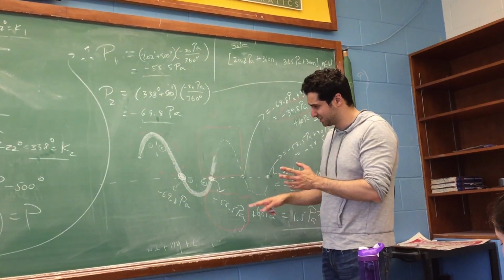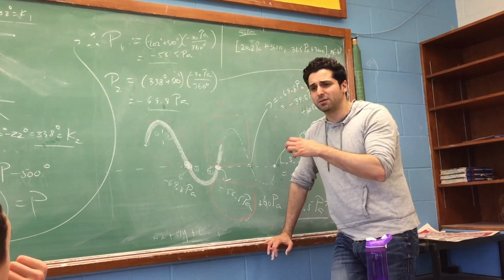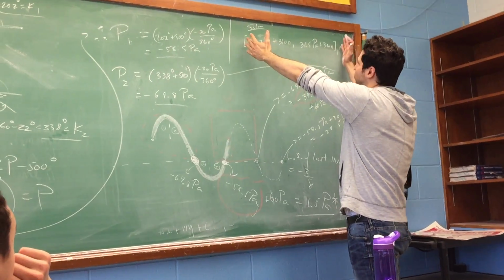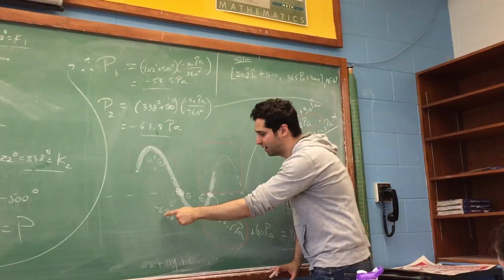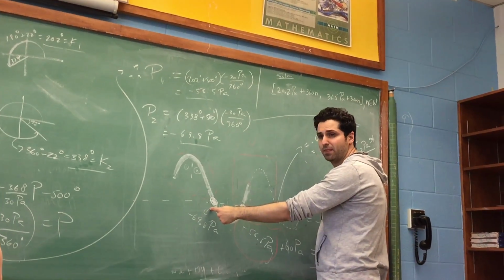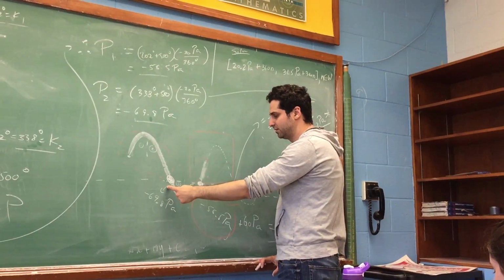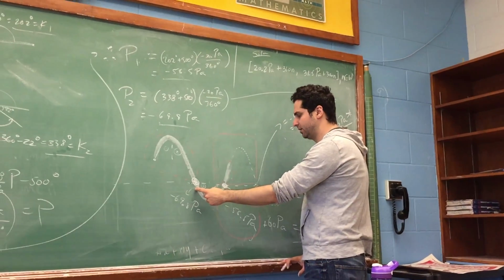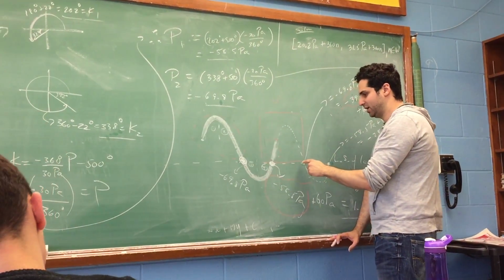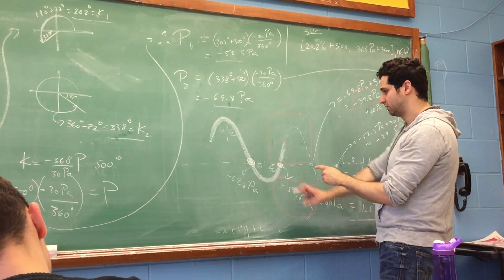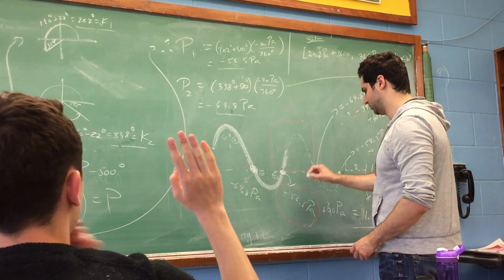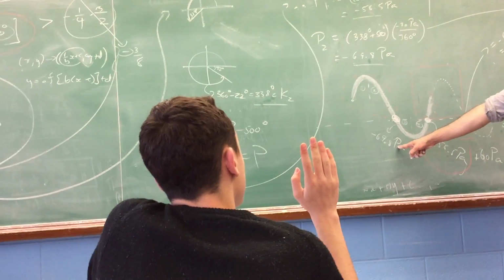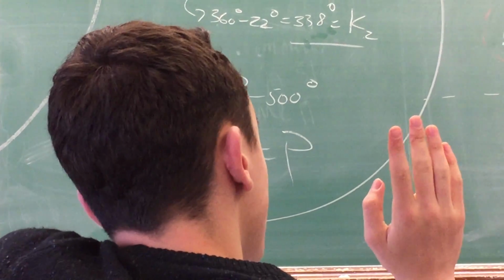So what I did was, I wanted to make this just one block. So I took minus 69.8 and I added 1 period to it to put it right here. So minus 69.8, plus 30, put me right here.